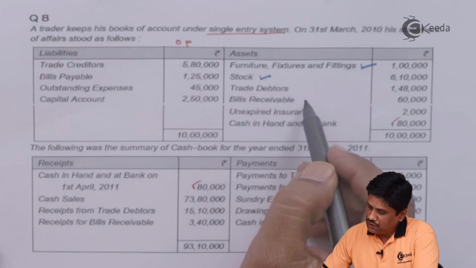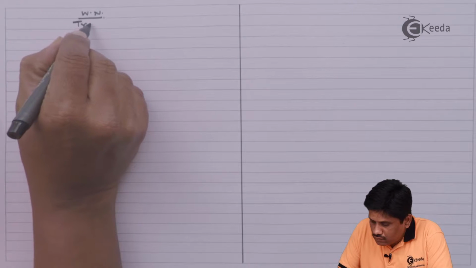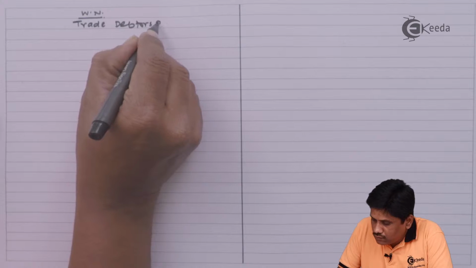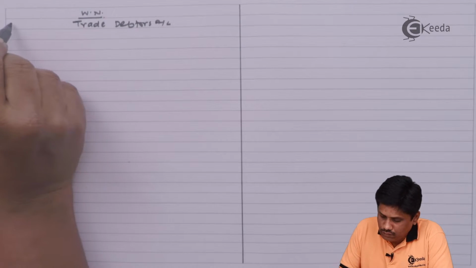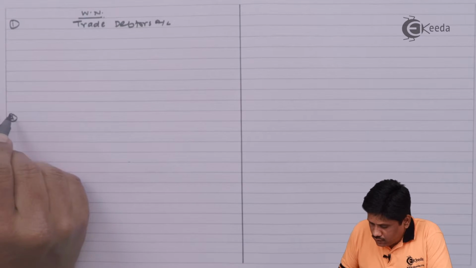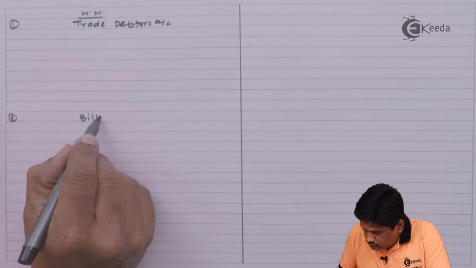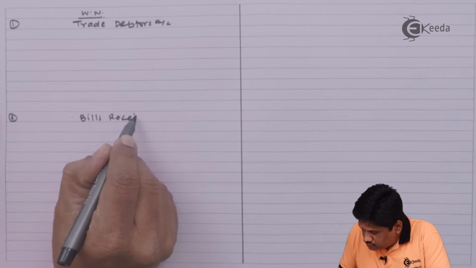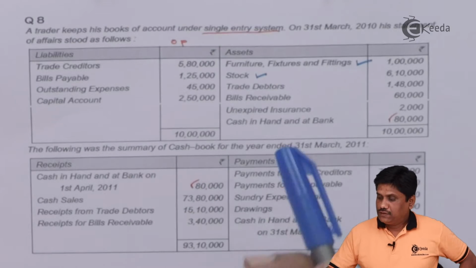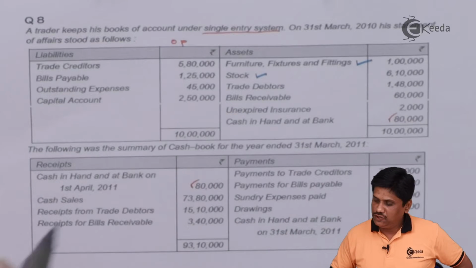Next they give you trade receivable, bills receivable, for which we will prepare an account. Students, now I am transferring debtors as an opening balance, bills receivable as an opening balance.